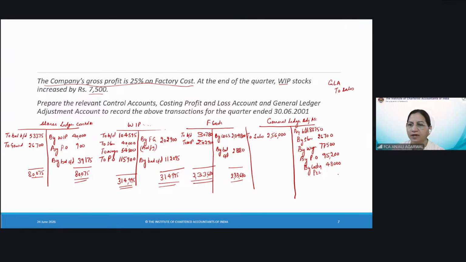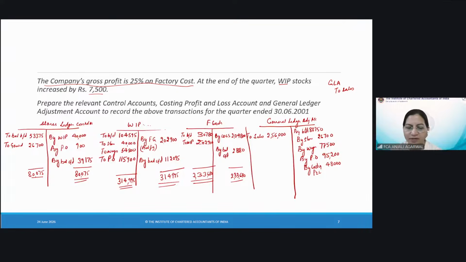So now let's try to balance out the general ledger adjustment account. You had 1,88,750 incurred earlier from the previous year, plus 26,700 worth of raw material, plus 77,500 worth of wages, plus 95,200 worth of production overheads.